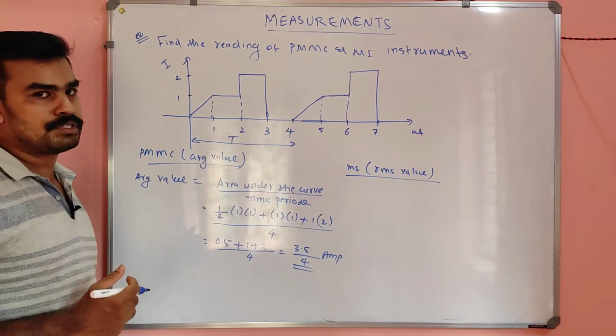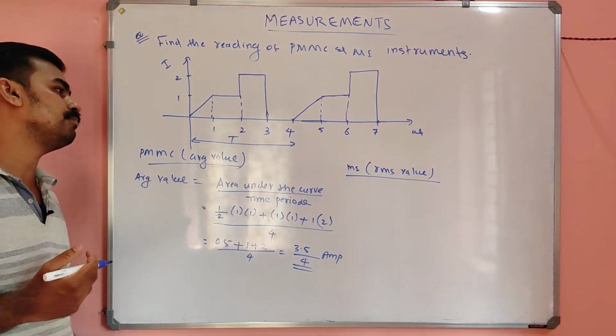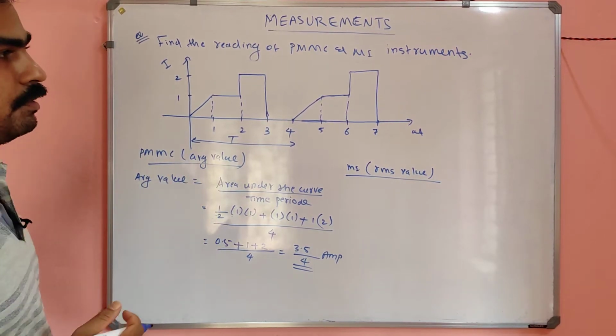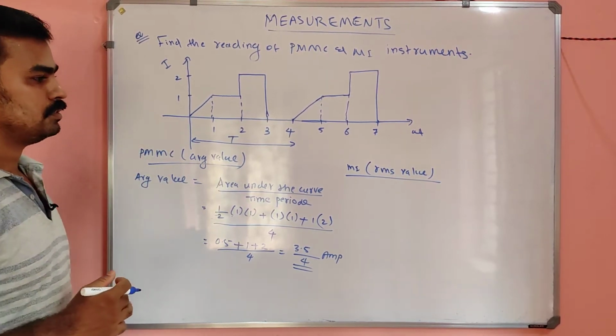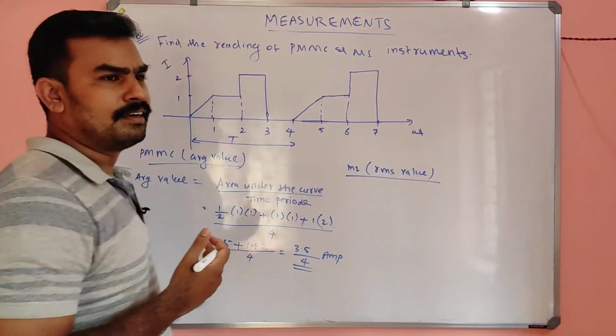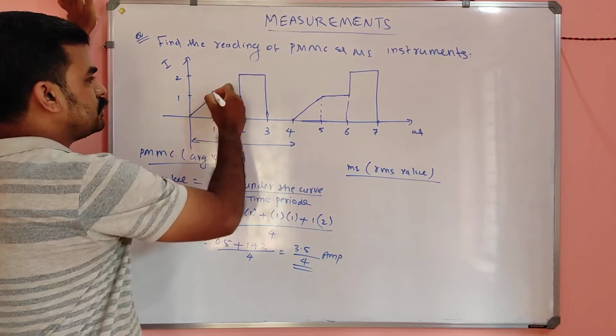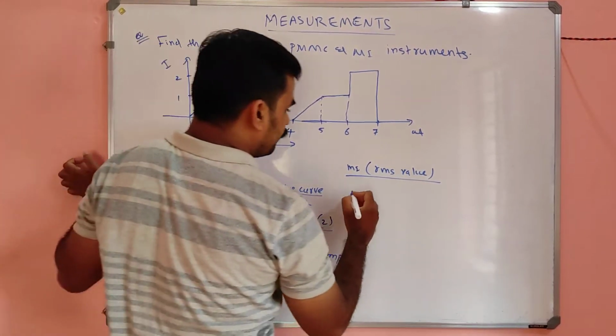How can we find the RMS value? We have to square the waveform, correct? You can directly write here, no issue. Squaring this will give you what?